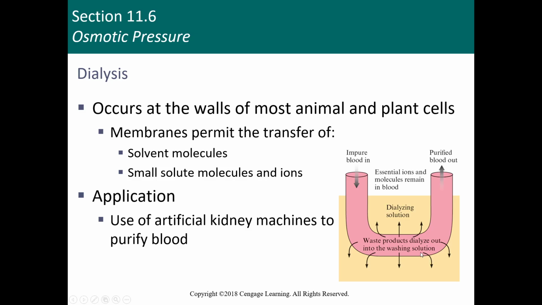In an artificial dialysis, you will do much the same thing, only you will use a membrane to separate the two in the dialysis machine. And so right here we have our impure blood, we put it in. You're going to have your waste products, which are going to dialyze out into our washing solution.